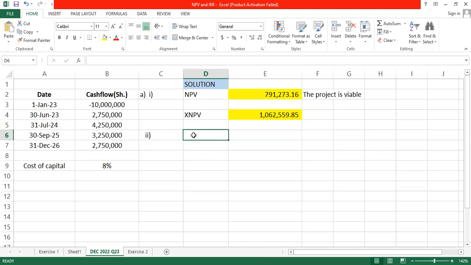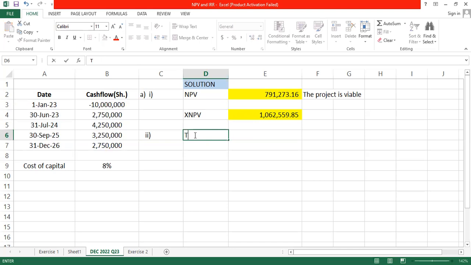where the question said: highlight the cause of the difference between NPV and XNPV. Explain which one you'd use in your analysis and why. So you realize that NPV and XNPV are different. The question is asking why they are different.